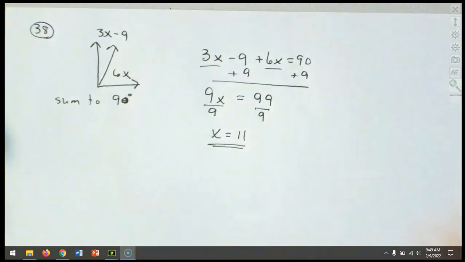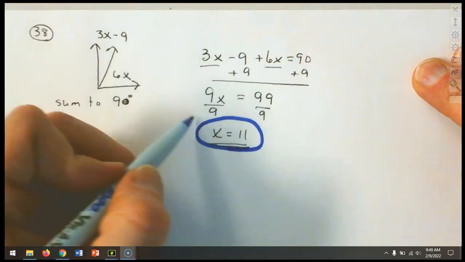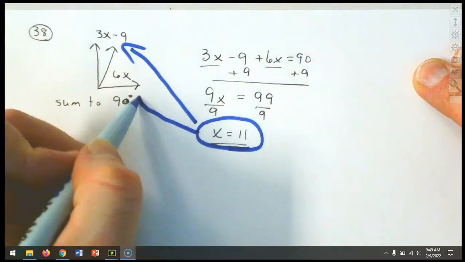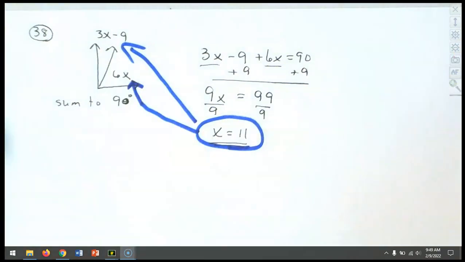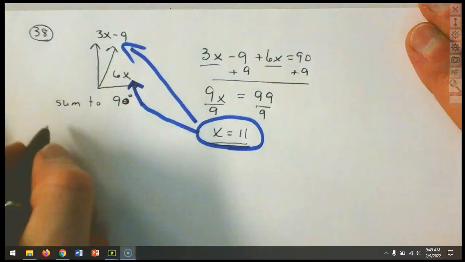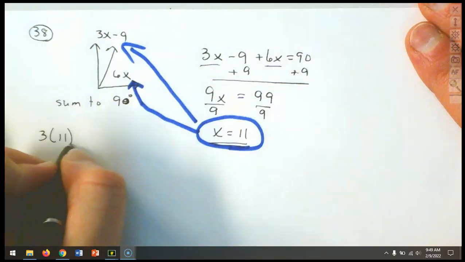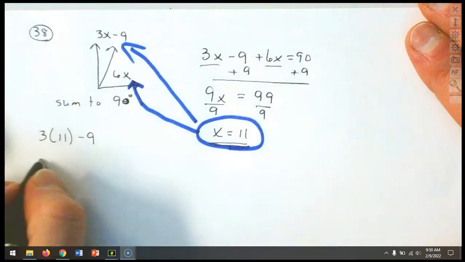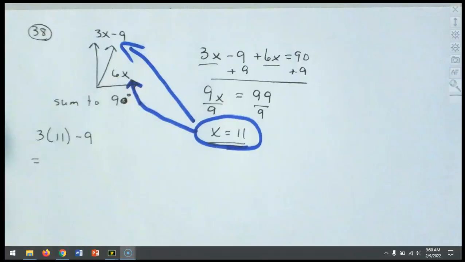Now 11 again is not our answer. So this 11, what do we have to do? Plug it back in. Plug in that 11, and that's going to be 3 times 11 minus 9. And that's going to be what, 24, I believe?